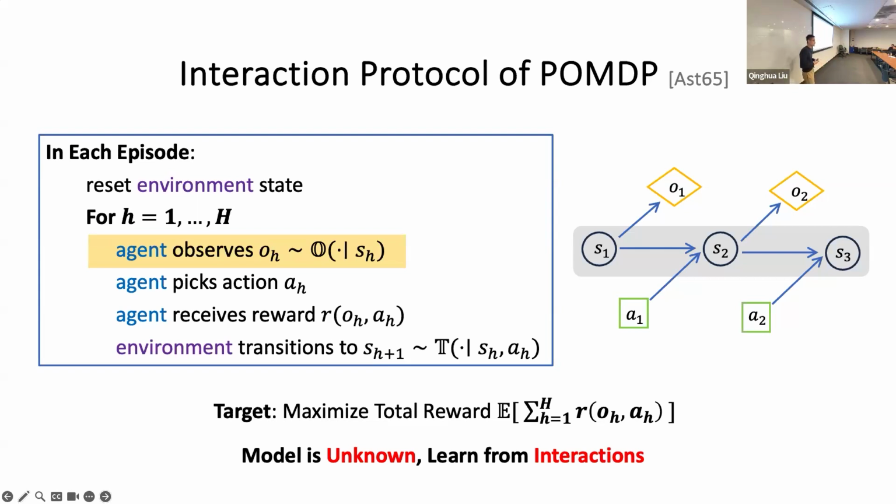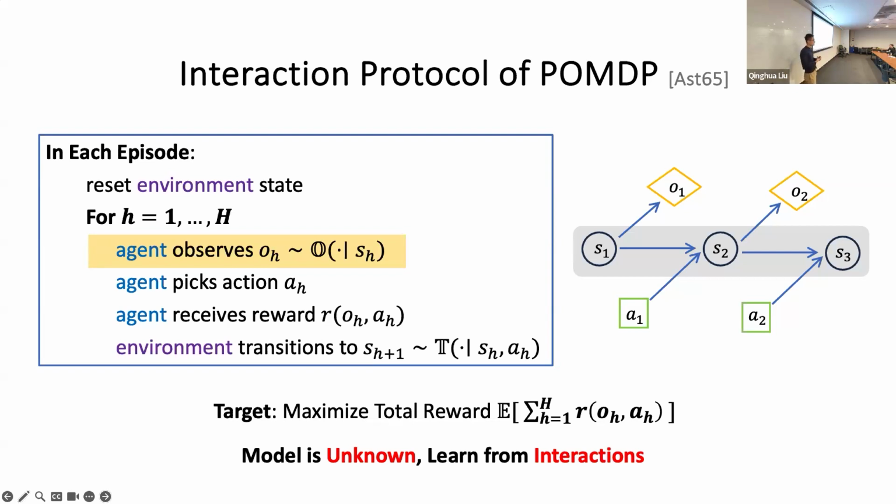Oh yeah, that's a great question. First, it depends on how you define your observation. If you also include the reward in your observation when you define the POMDP, then it could just be a function of your observation.